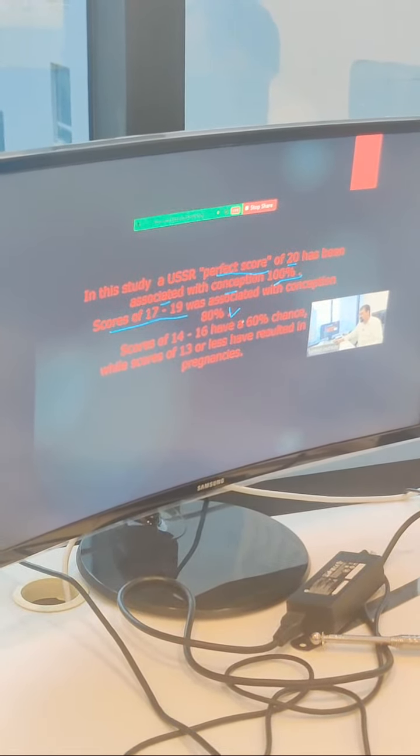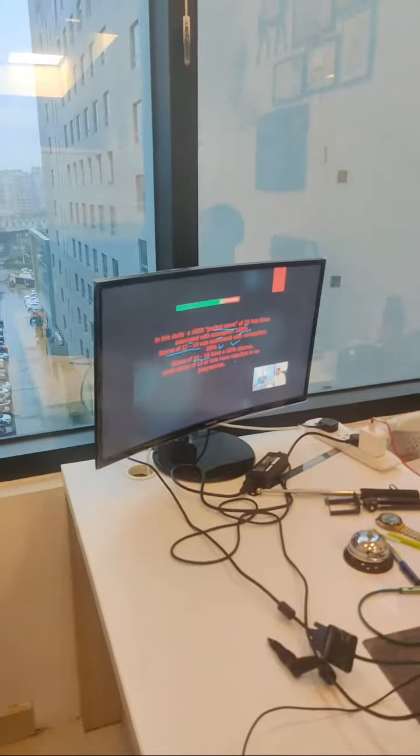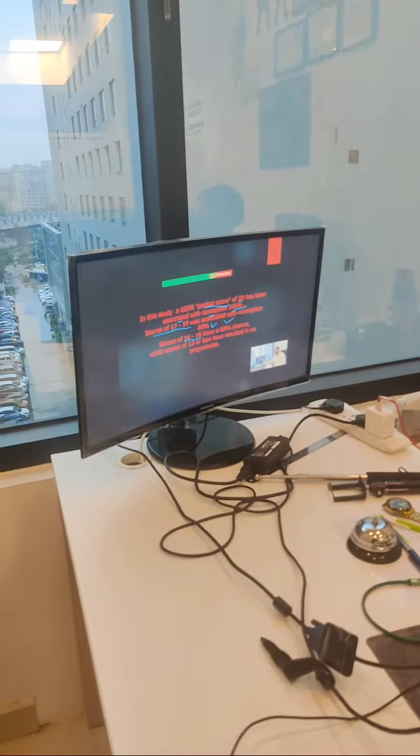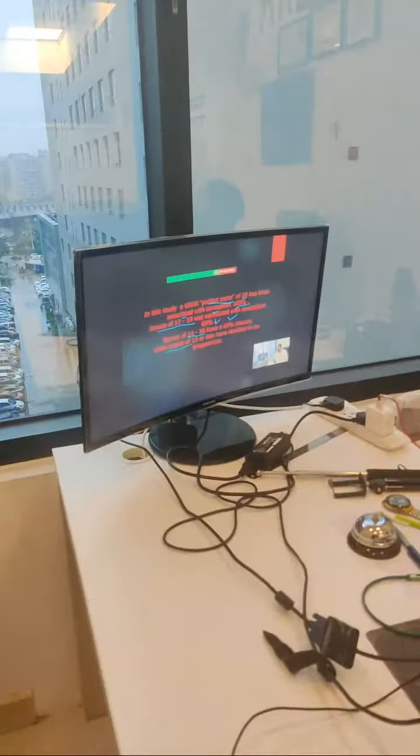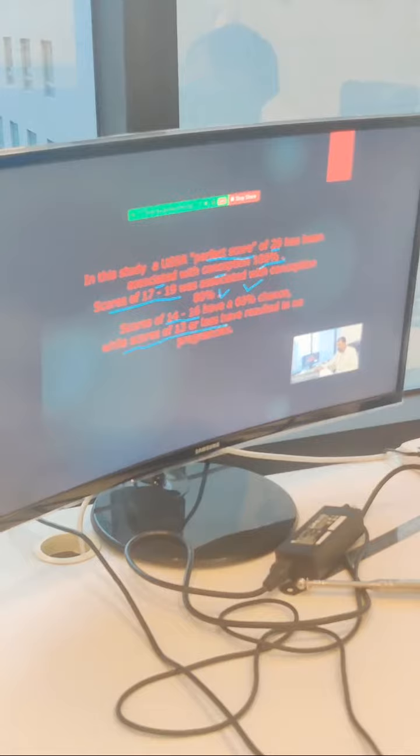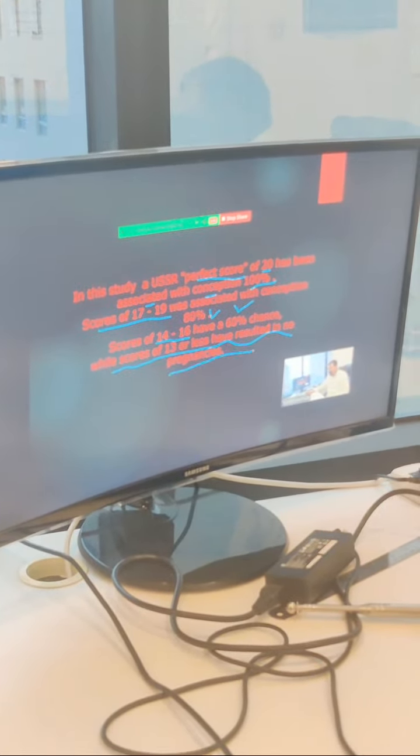A score of 17 to 19 was associated with conception of 80%. A score of 14 to 16 had a 60% chance, while a score of 13 or less resulted in no pregnancy in that study.